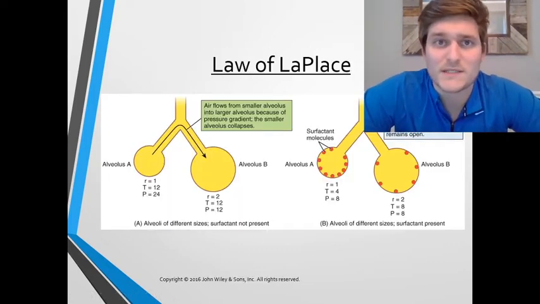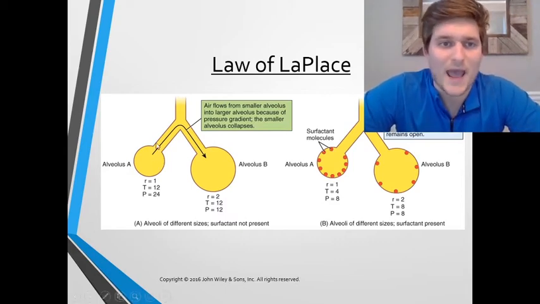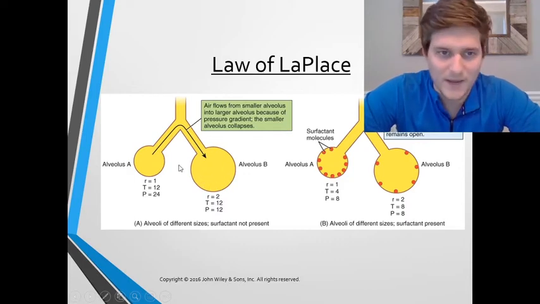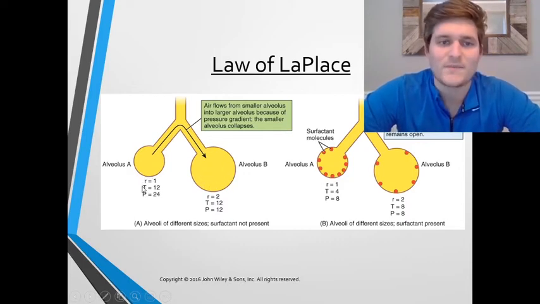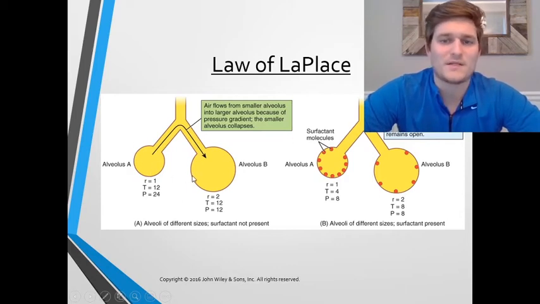And so how this helps with ventilation can be explained by what's called the law of LaPlace. To summarize the law of LaPlace, the pressures inside alveoli are going to be determined by their radius and their surface tension. So in this example here, we have 2 alveoli, and the alveoli are different sizes with the same surface tension.